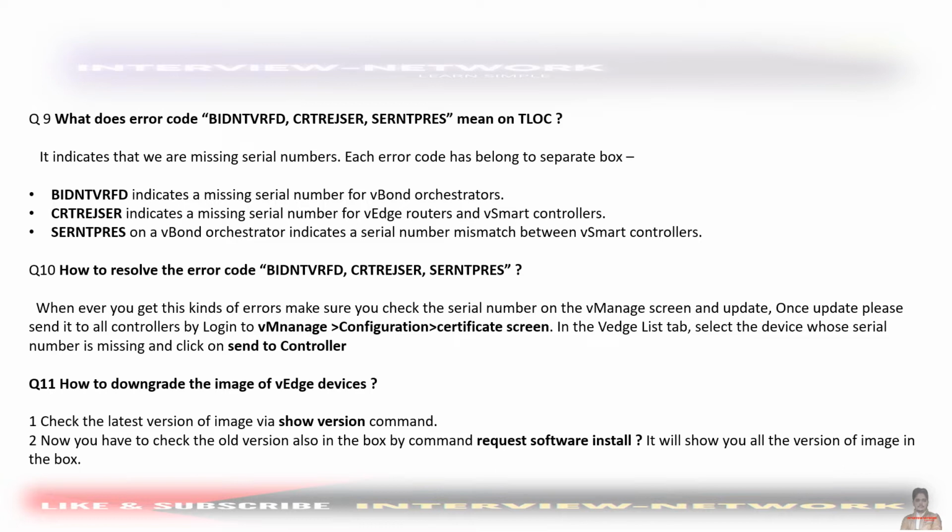Once you run this command, you'll be able to see all the image versions that you have on your vEdge boxes. So the first command, show version, will tell you the latest image on your boxes, and show software or request software install question mark will tell you all the images that have been installed on your edge boxes.